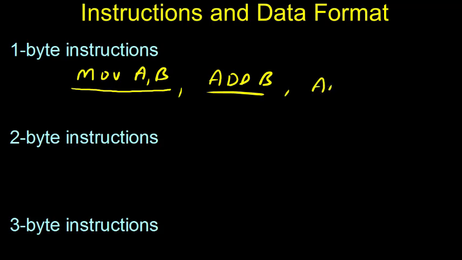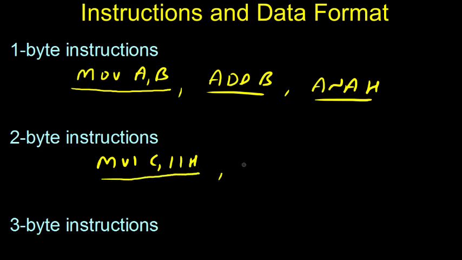Then ANA H is also a 1 byte instruction. Then 2 byte instructions: if I write MVI C, 11H, this is move immediate, a 2 byte instruction. Then ADI 15H, add immediate 15H, is also a 2 byte instruction.